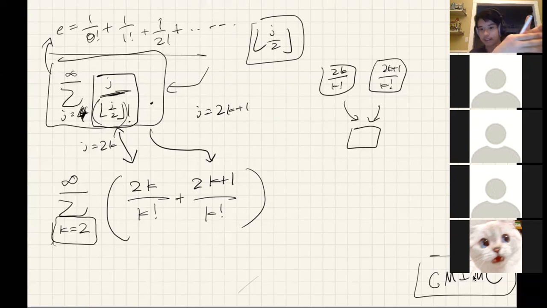The whole goal of this was to get rid of the floor of j over 2, because floors are your enemy. Whenever you see floors, ceilings, rounding to the nearest integer, these sorts of things, your first goal should always be to get rid of them, because they're absolutely horrible to deal with.